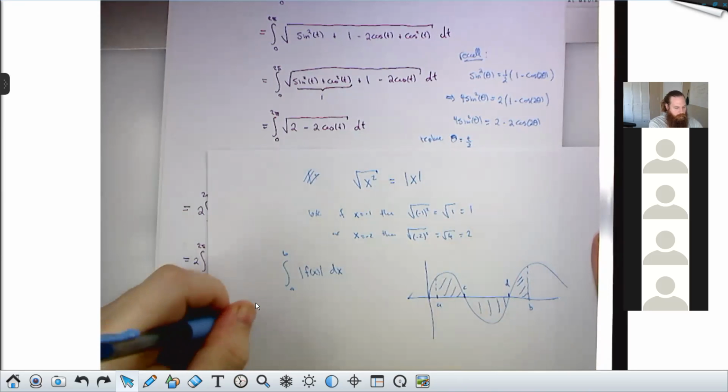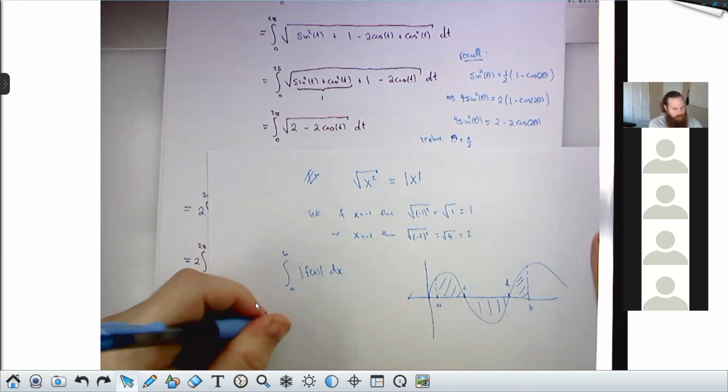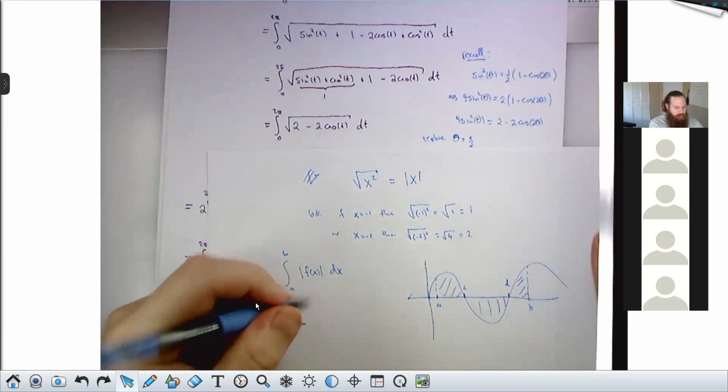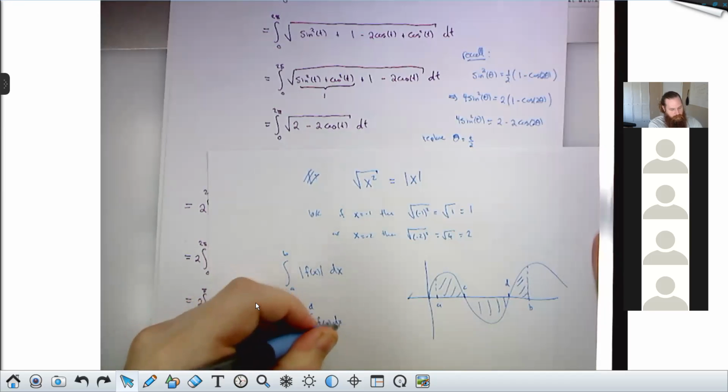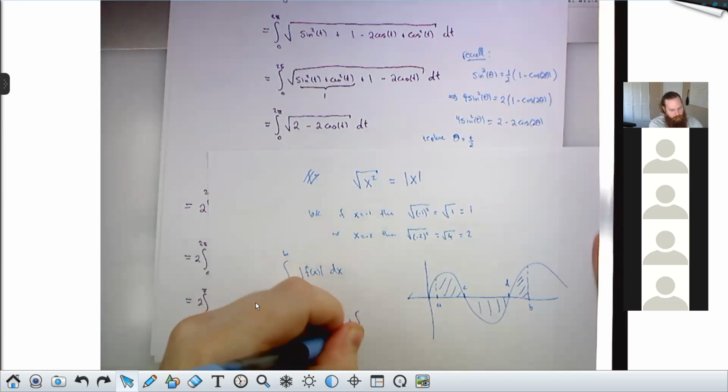So the way you would do this integral is the integral from a to c of f of x dx, and then minus, to correct for the fact that this is negative, the integral from c to d of f of x dx, and then plus the integral from d to b of f of x dx.